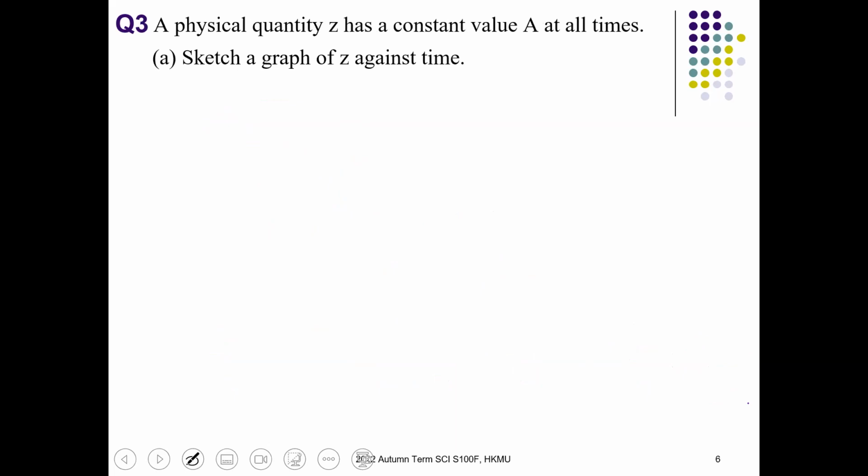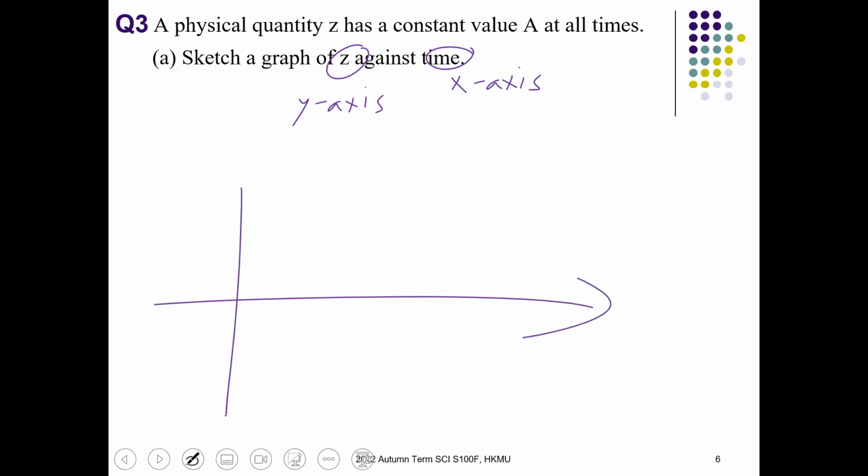For question 3, we come to the consideration of a physical quantity C. Simply, this is some variable C that has a constant value for all time t. We need to sketch the graph of C against time. C against time means C is the y-axis and time is the x-axis. This is how we describe the 2D graph. I'll just put down what we have. We have C on the y-axis and time on the x-axis.